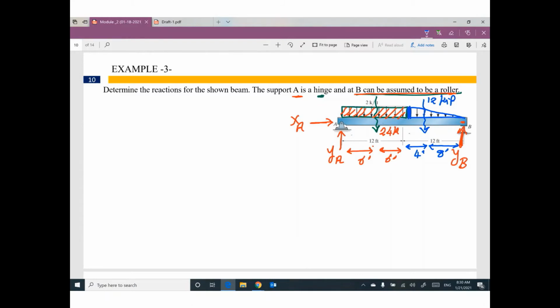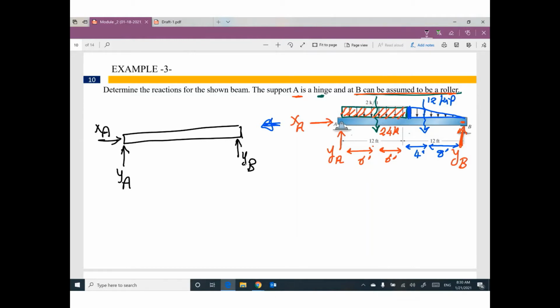Anyway, so finally, I converted this beam to something that looks like this. We have here reaction YB. We have here two reactions, YA and XA.